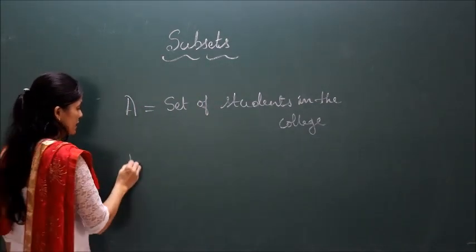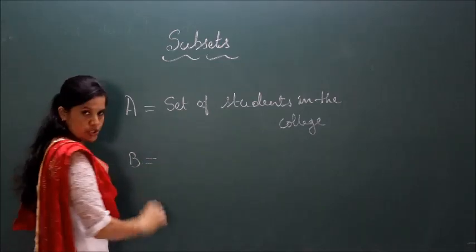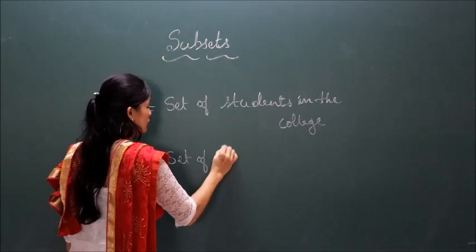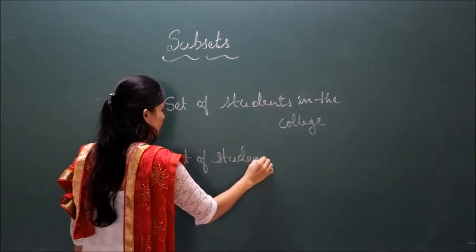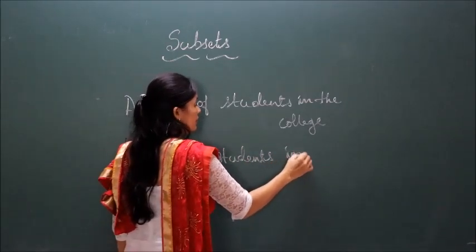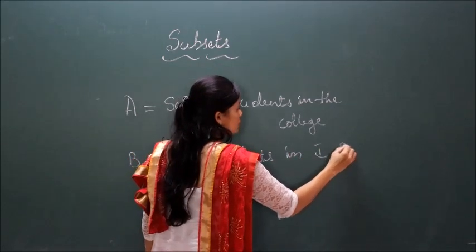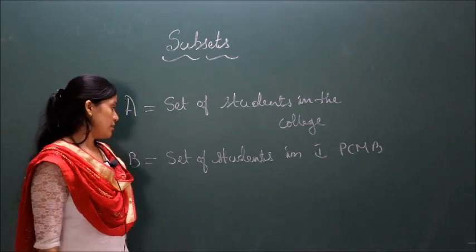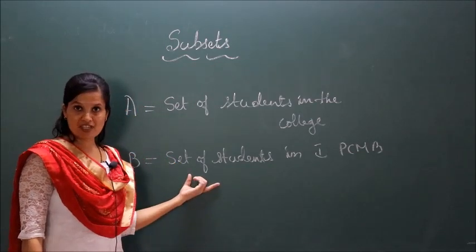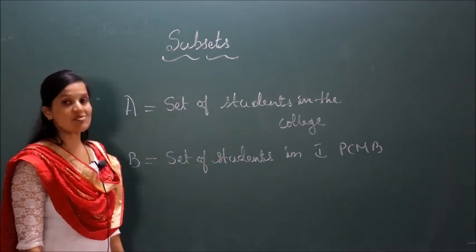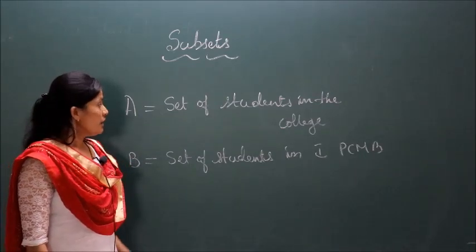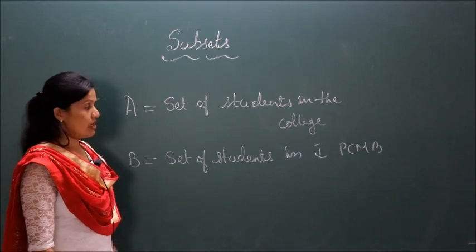Another set I consider is the set of all students in first year PUC, that is in PCMB. For example, the set of all students in first PU who are in the stream PCMB. Look into these two sets here.